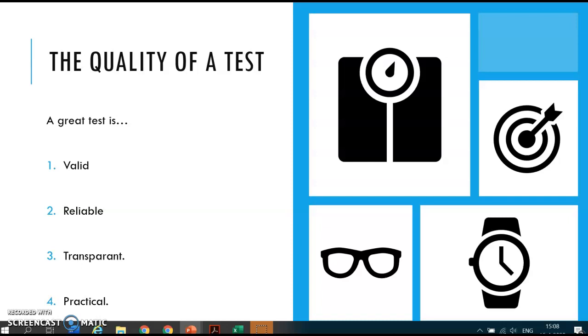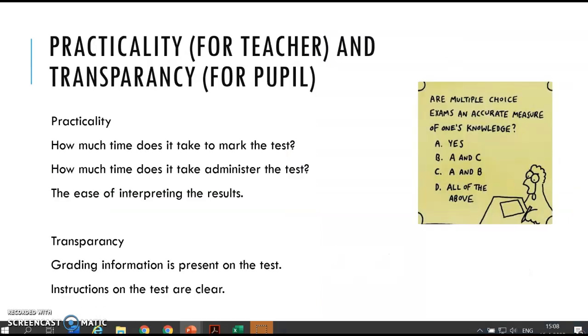We need to not get a burnout because we have this wonderfully valid, reliable, and transparent test, and it takes us an hour per student to actually take this test. So these four elements are always very important when you try to create a test.